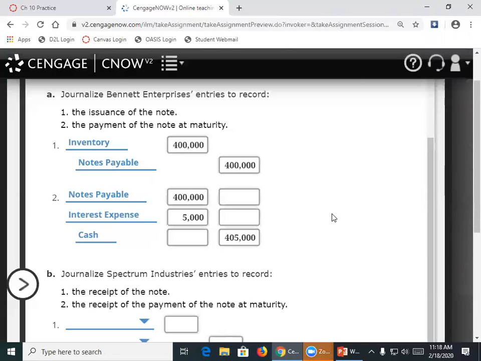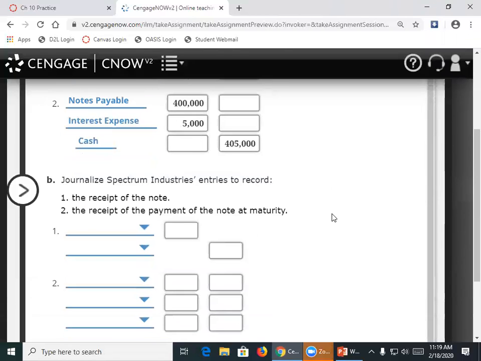So that's from the borrower's standpoint, the one issuing the note, the one borrowing. On part B, it wants us to do the journal entries from the creditor standpoint. So this really is going back again to chapter 8. Spectrum Industries received this note. What did they debit and credit to receive the note?